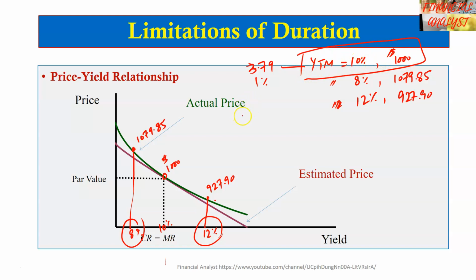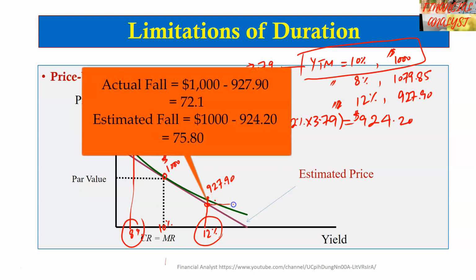Now, duration estimates the price of the bond if interest rate increases by 2% to 12% equal to the current price of $1,000 multiplied by 1 minus 2% multiplied by 3.79, that is the duration of the bond, and this gives us the new price of the bond as per duration equal to $924.20. This is somewhere here. So we see that duration here is overestimating the fall in the price of the bond if interest rates rise.